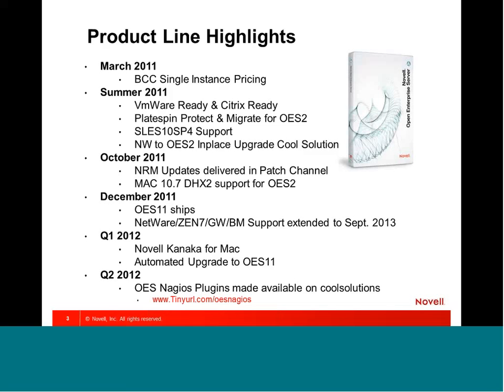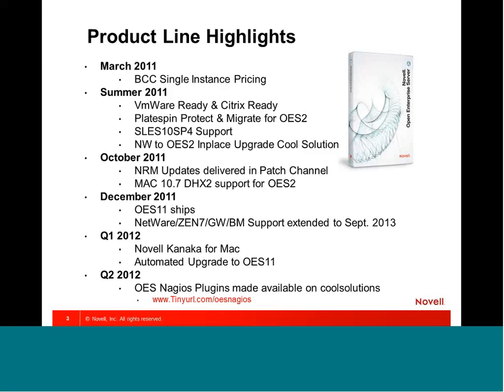And then you can see some of the other things that we've done with our certifications and third-party support. I just want to highlight that recently, in this first quarter, we've added Novell Kanaka for Mac. It's a Mac client that runs on your Apple desktops. We've had a lot of downloads of that, and a lot of people are excited about it. If you weren't aware of that, go check it out.